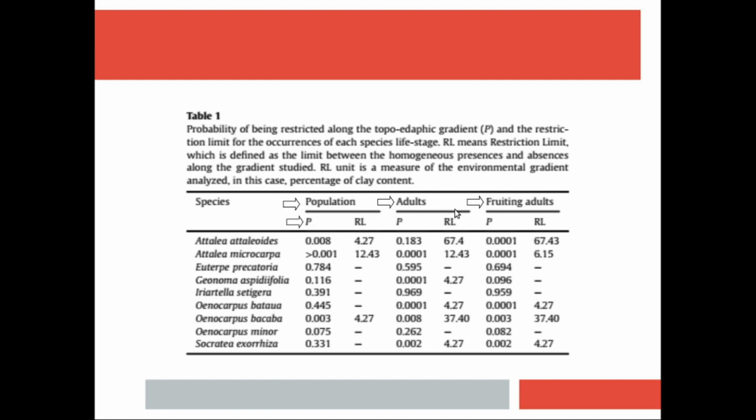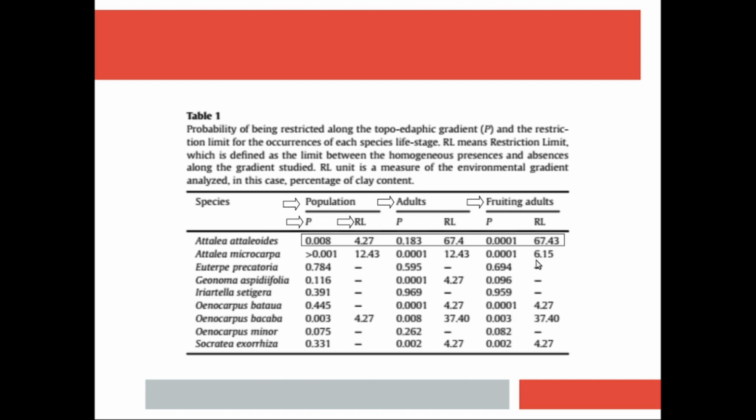And P is the probability associated with the restriction limit, RL, and restriction limit is the value where we found the breakpoint between the populations.